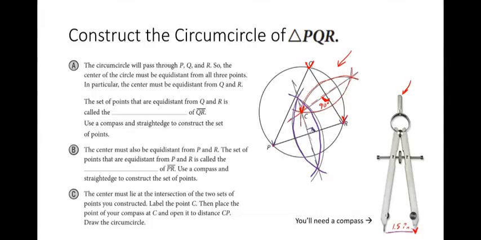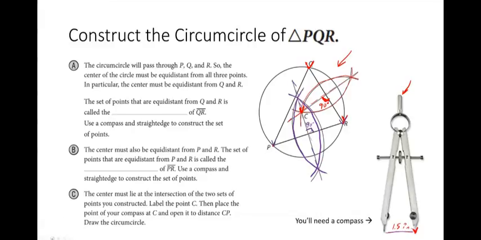Measure with a protractor and double check, make sure you're at 90 degrees at your angle. There we go. So just make sure you're at 90 degrees for that angle as well.